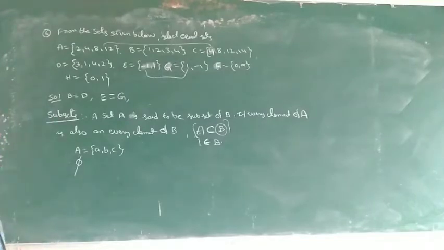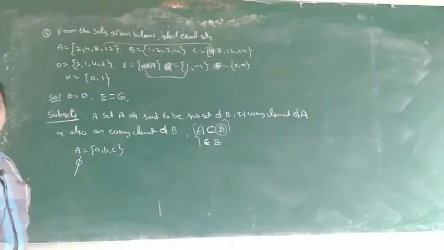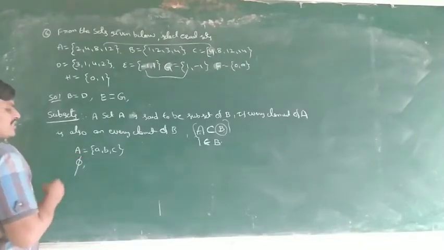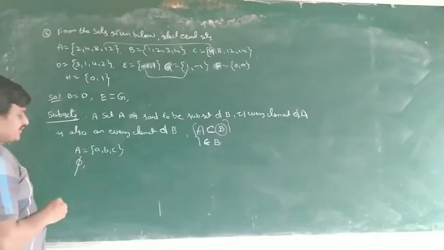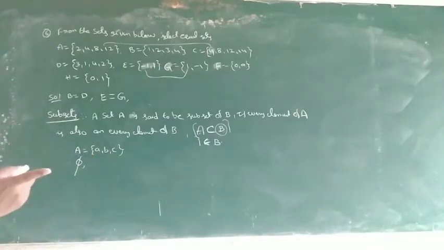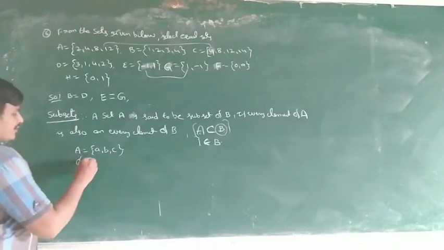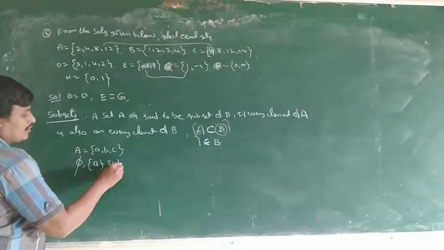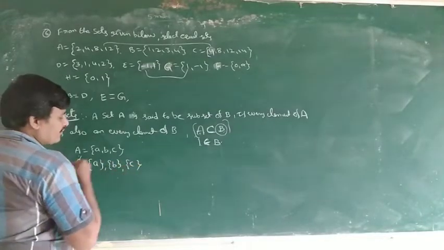Phi is the empty set, and phi is a subset of any set. Then single-element sets: {a}, {b}, {c}.